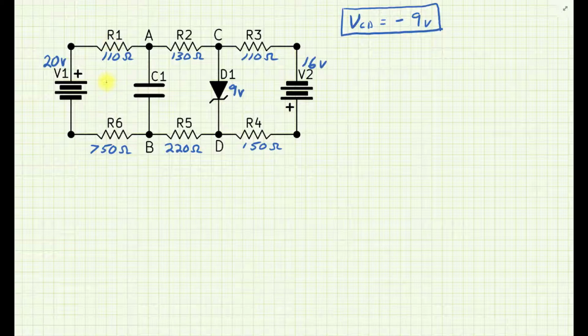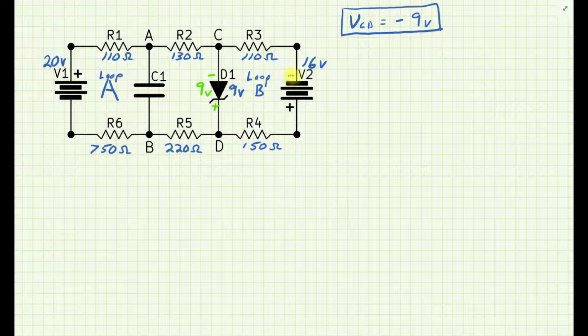I'm going to call this loop A, and then this will be loop B. Now I know this voltage and polarity here, so I'm going to write that in. I've established the polarity, so I'll just write 9 volts right here. I wouldn't write minus 9 volts, because putting the polarity on the component takes care of that for me.